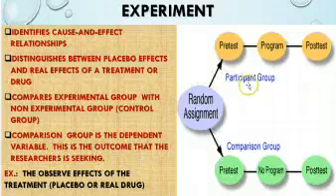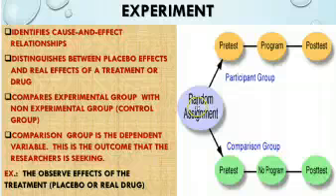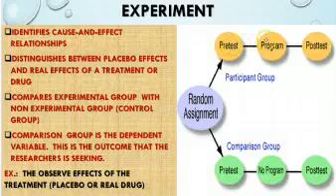And in this illustration, you can see you have two groups in random assignment. One is placed in the participation group, and the other in the comparison group, which is the control group, and the participant group is the experimental group. The experimental or participant group is given a pretest, then placed in the program, and then given a post-test.